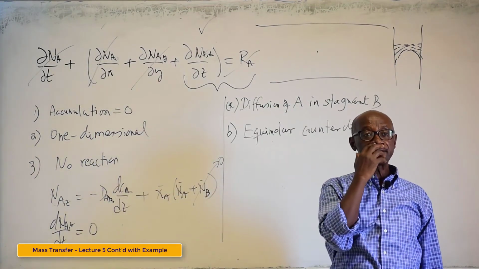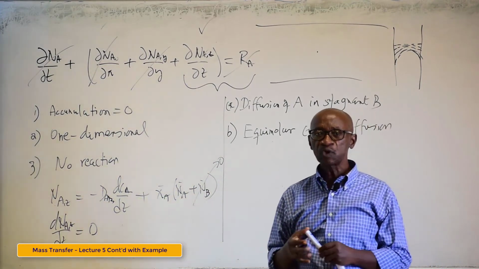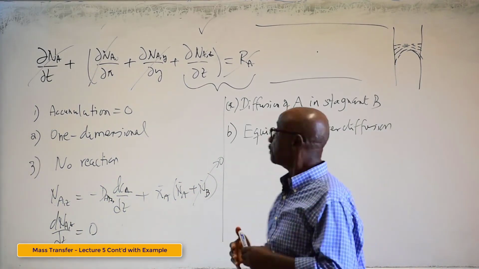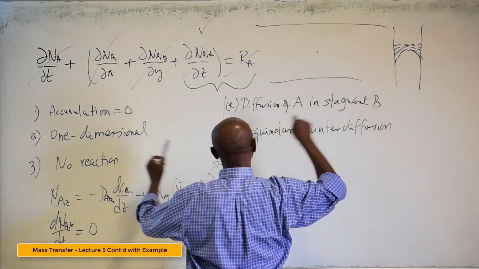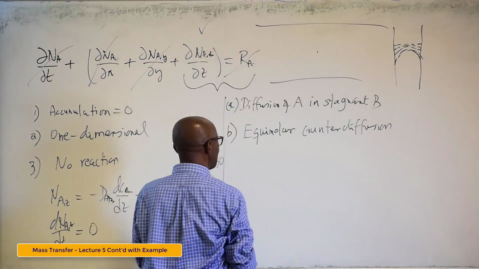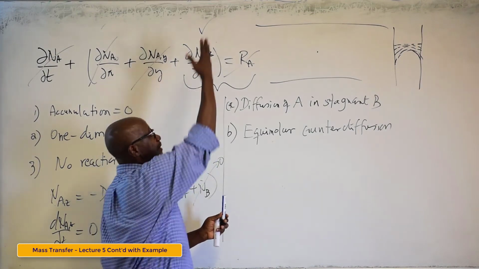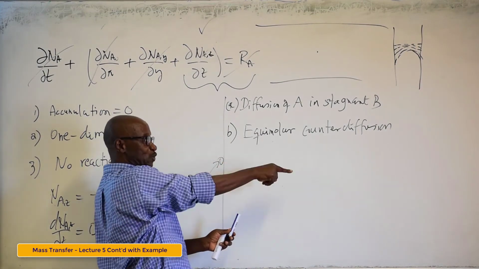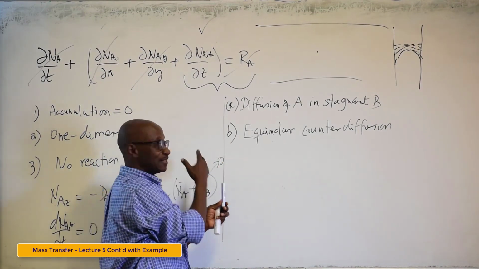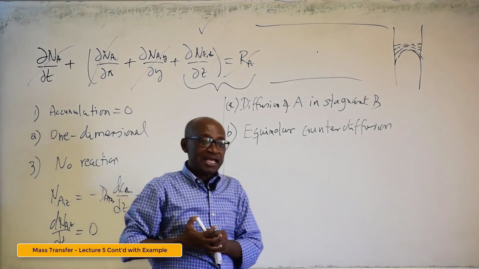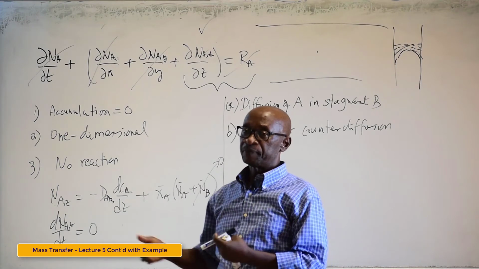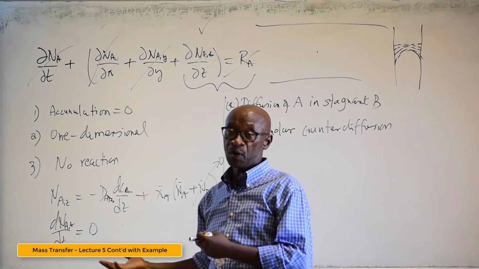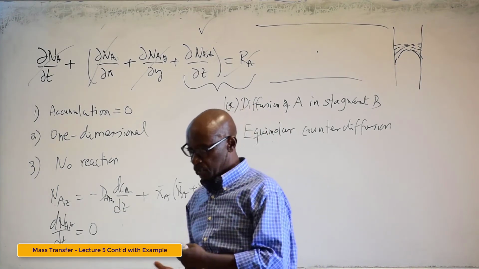And then we saw another situation where you have diffusion in a semi-infinite medium, where instead of diffusion in this direction, you cut up the infinite material and diffuse like that. So semi-infinite. And that one results in the error function.